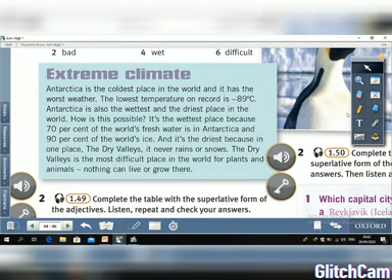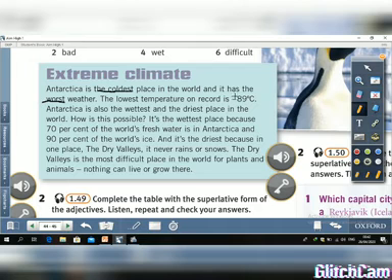The first one, the coldest, place in the world, and it has the worst weather. The worst weather, yes. The lowest temperature, the lowest on record is 89 Celsius. Antarctica is also the wettest, another adjective, and the driest place in the world.